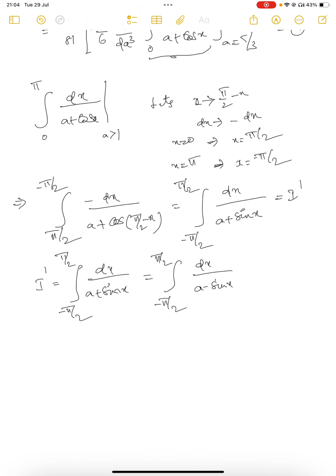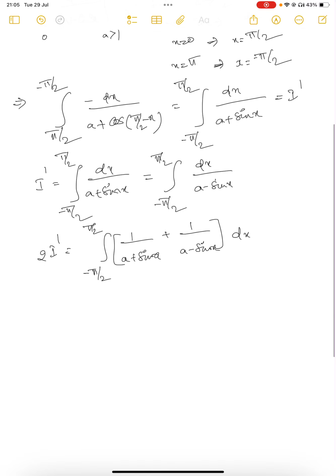then it will be 2I prime equal to the integral minus pi by 2 to pi by 2 of 1 by a plus sin x plus 1 by a minus sin x dx.